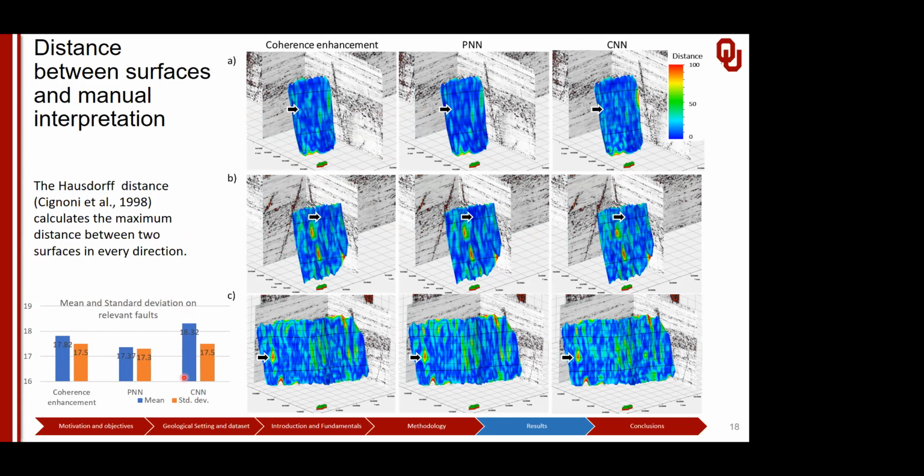So the CNN has a higher mean distance between the ground truth and the surface. Although it's a very small difference, I consider that artifacts are influencing this result in the CNN mean distance.